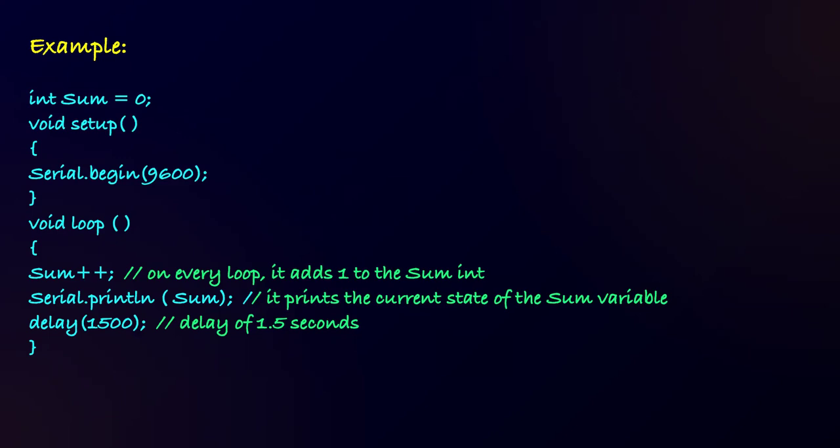Why next line? Because students remember, Serial.println, ln stands for line. If you had written Serial.print, the new line option would not be there, and it would have been printed continuously. That's what I wanted to make you remember.